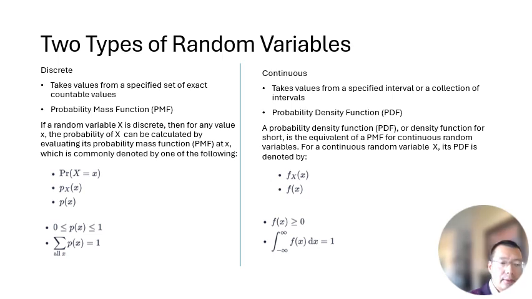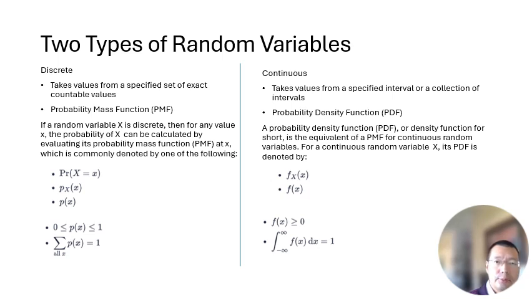Now, for the probability mass function, if you sum all the probabilities, it will add up to 1. But for a continuous random variable, you cannot sum them up. Rather, you use the integral. You integrate from negative infinity to positive infinity, and then you will get a total equal to 1.